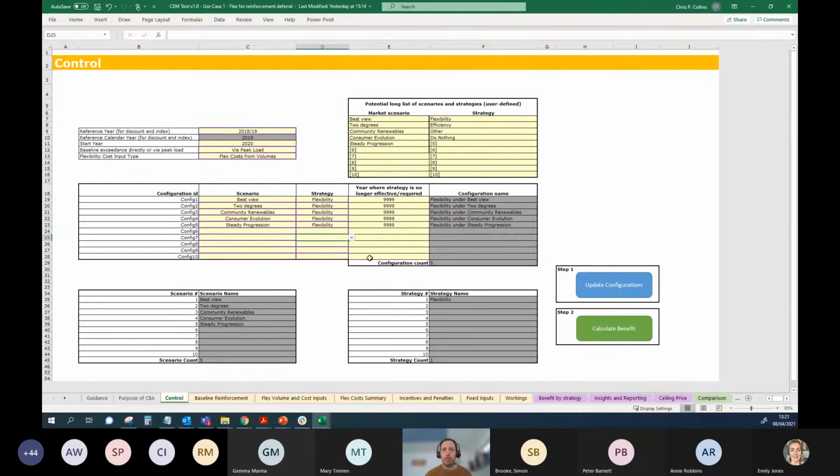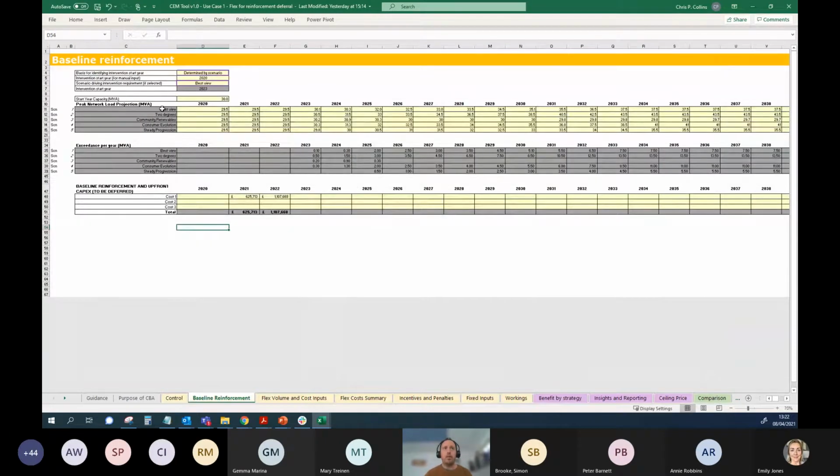For anyone trying to use it themselves, once you've defined your scenarios, you update these configurations, and all that does is hide various rows that aren't necessary, so that it's easier to see what's going on. You should see that now we've got our 5 scenarios here: best view, 2 degrees, community renewables, consumer revolution, and steady progression. Again, don't worry too much about the absolute numbers. These are just dummy numbers to illustrate what's going on, and they don't necessarily correspond to the reality of these scenarios.